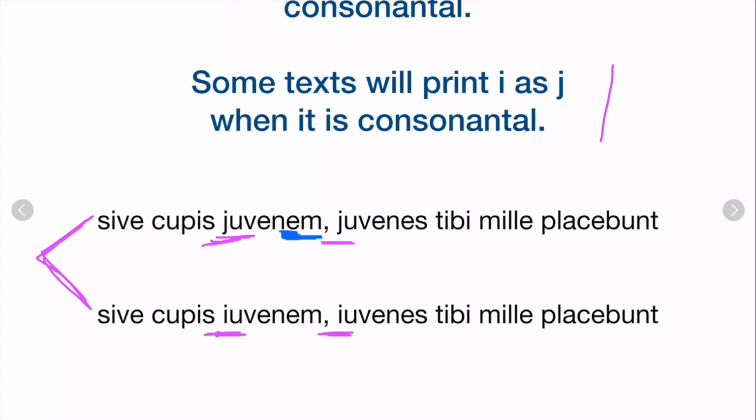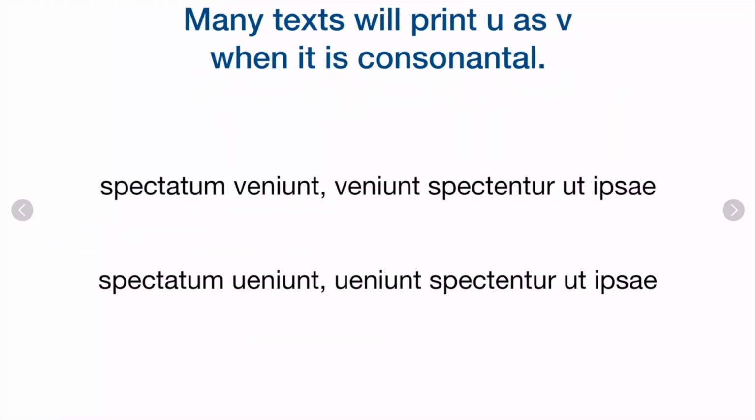That's short by nature, but that syllable is long because we have the M and the consonantal I, the J, right? So we're going to use the M to close that syllable, the J to open that one. Okay, so si vecupis UNM UNAs tibi mille placebunt.